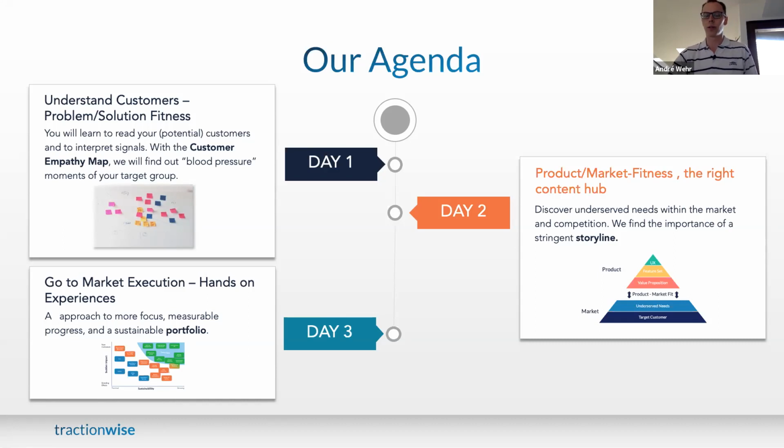Today, we want to go a little bit deeper into product market fit, also finding the right content hub in the storyline, because what we very often see is that content and the product are built only for one big group of potential customers, but not really targeted to the specific customer profiles.